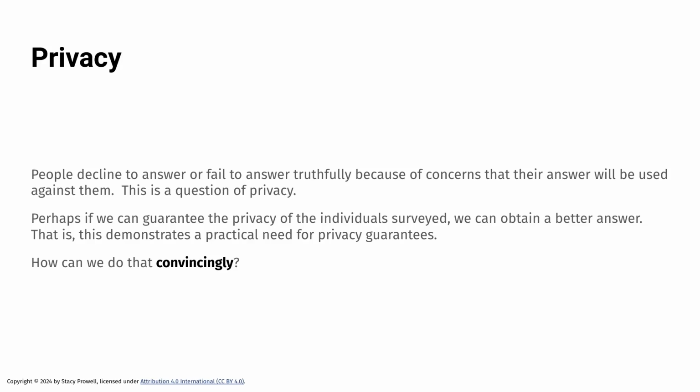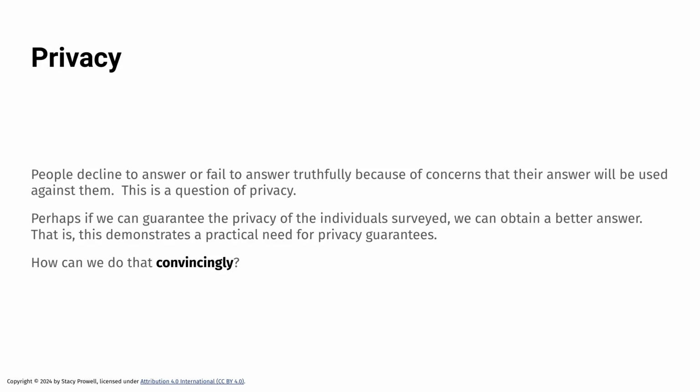So what if we could find a way to guarantee to you that your answer can't be linked to you? We're going to guarantee the privacy of the individual surveyed. If we can do that and convince you that we can, you can answer truthfully and feel safe, and we'll get better data, and we can go on and do better things. The question is, how do we do this convincingly?